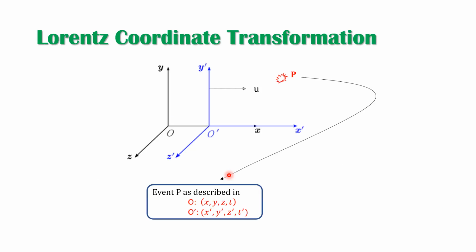So again, we have these two inertial frames of reference. So this is S, and then this is inertial frame of reference S prime. So S prime is moving at the speed u with respect to this frame of reference.